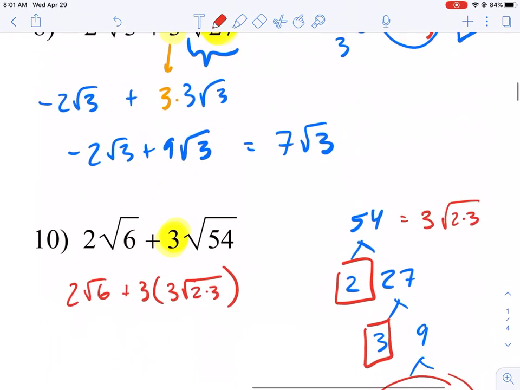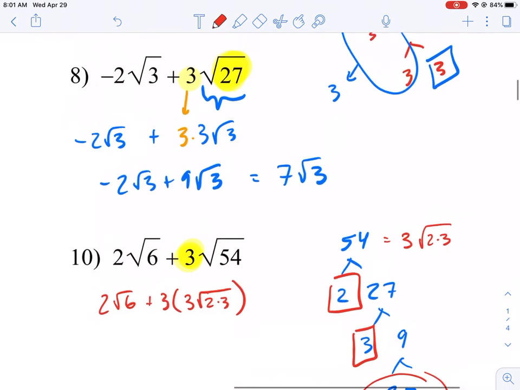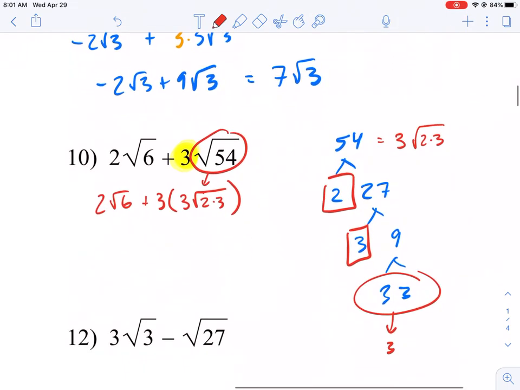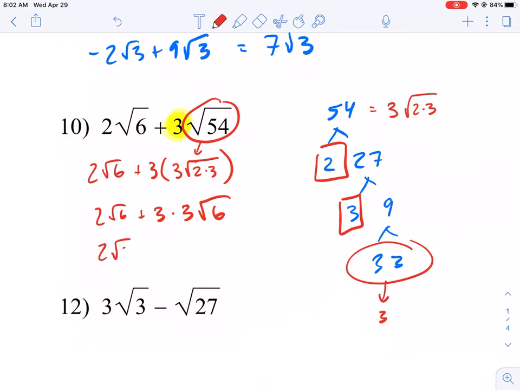I wrote in parentheses this time just so you see that we need to multiply by this 3 out in front, and that this square root of 54 is simplified as 3 radical 2 times 3. So 2 radical 6 plus 3 times 3 radical 6. We have 2 radical 6 plus 9 radical 6 equals 11 radical 6.